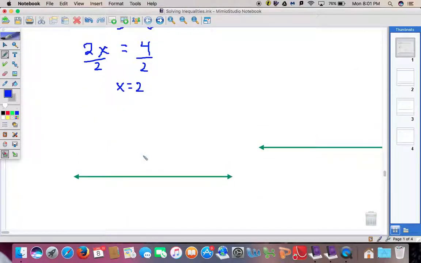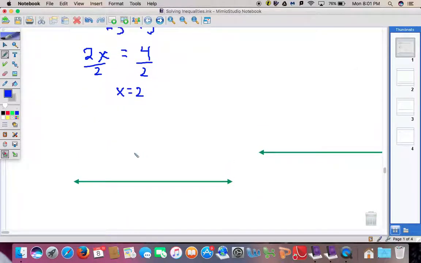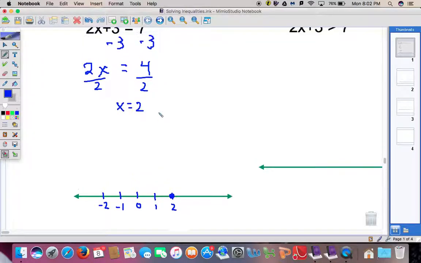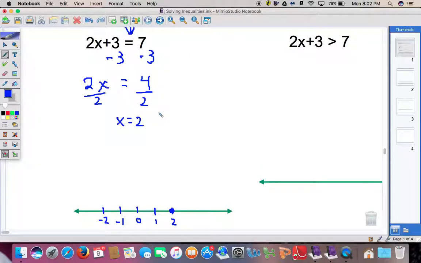In this particular case, x equals 2. If I had you graph that on a number line, you would start by saying that's 0, that's 1, that's 2. This way we've got -1 and -2. And x equals 2, we would simply use a heavy dot. That would be the graph of x equals 2. So that's how we would solve a basic equation.